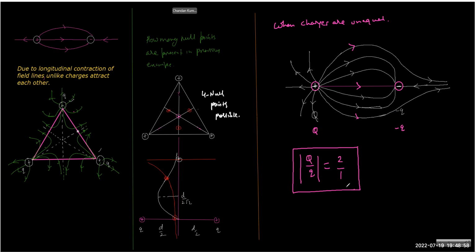And because the ratio is clear to us, and these are unequal charges, plus and minus, where can the null field be found? The null means zero field. On which side will the null be found? Between the charges, left of plus, right of minus? Right of minus. Why right of minus?